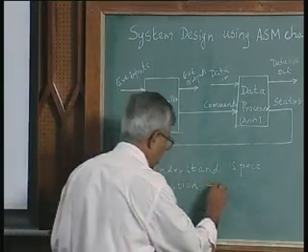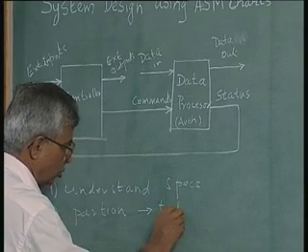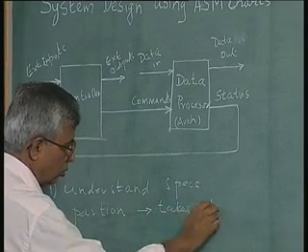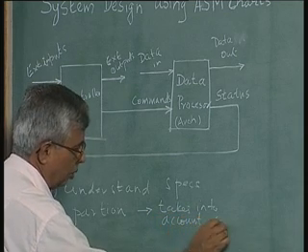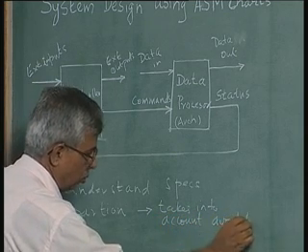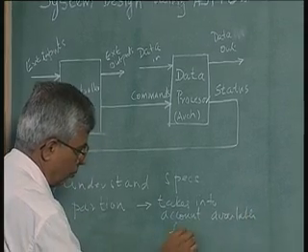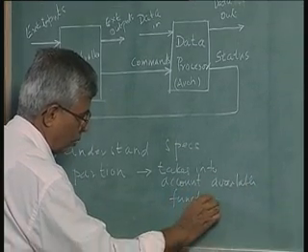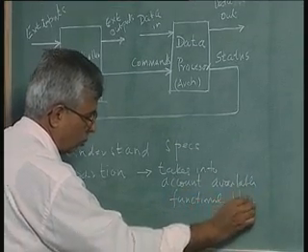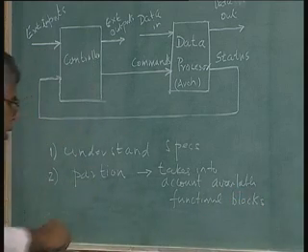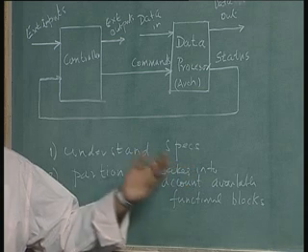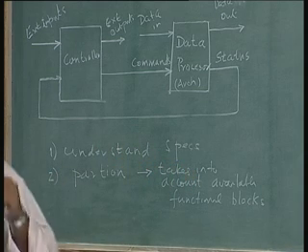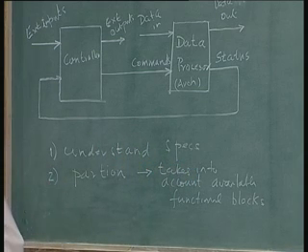So, it takes into account available functional blocks. And once you have these available functional blocks, then you also know what the input output specifications of each of these functional blocks are.